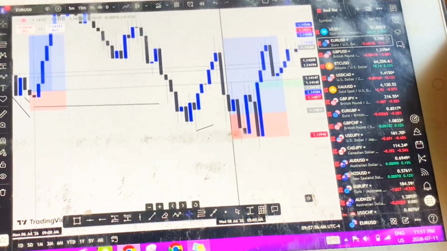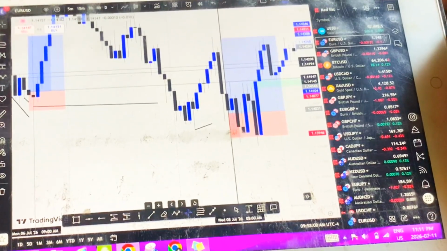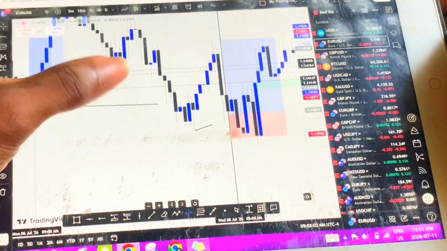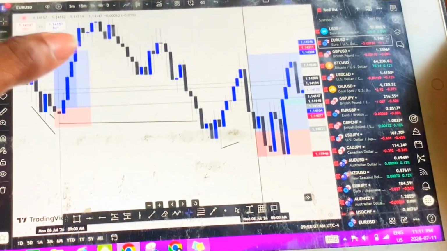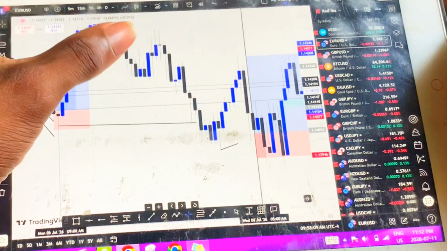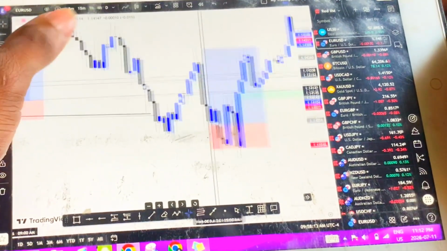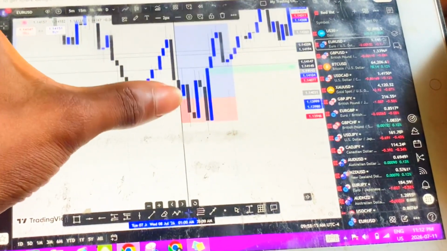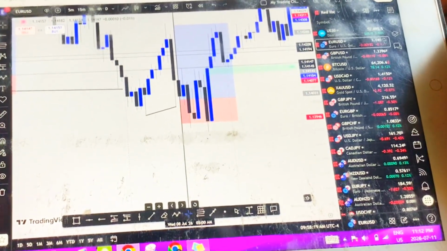After I see there was no SMT on the 1 hour, I check if there is a valid SMT on the daily time frame, and with this line right here, there was a valid SMT, which means USD swept the low and GBP failed to sweep this low, which is this candle low right here. There was a 4 hour SMT as well, so this confirms that price is looking for a buy.